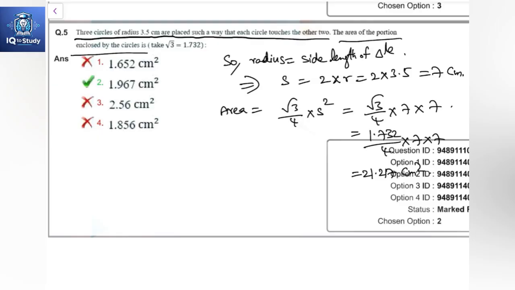Now, each circular segment subtends a 60 degrees angle at the circle center. So, the area of one circular segment is 1 by 6 into pi into r square.